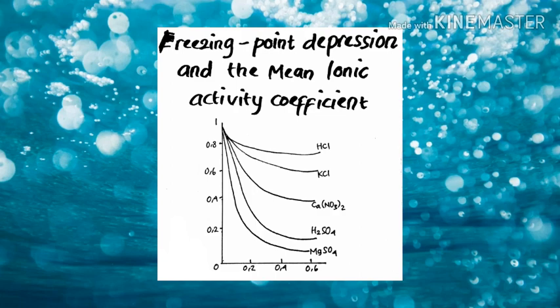It has the disadvantage that the values of γ can be obtained only near the freezing point of the solvent. The measurement of vapor pressure does not have this drawback, but is more difficult to handle experimentally.